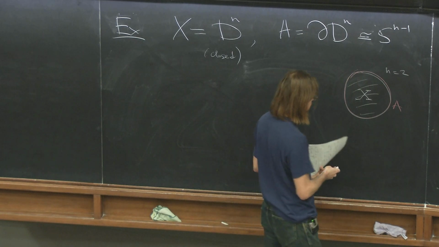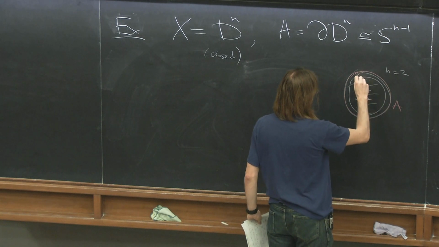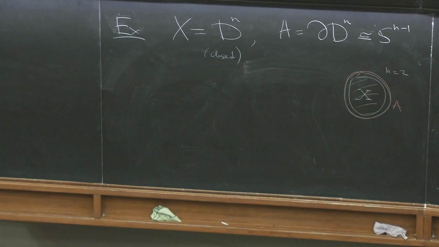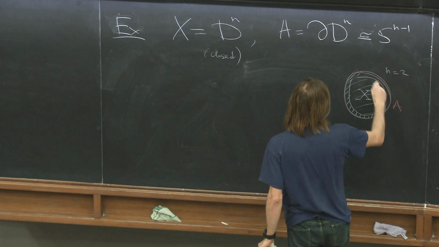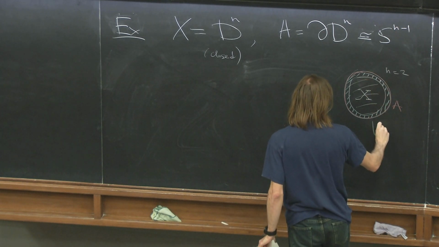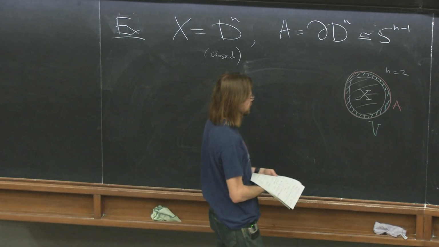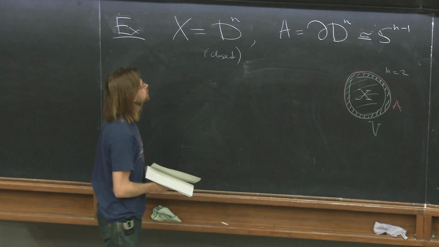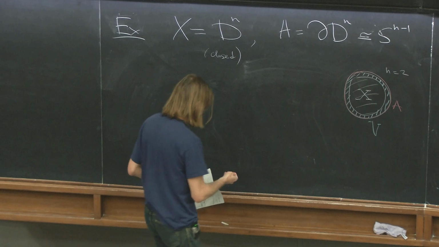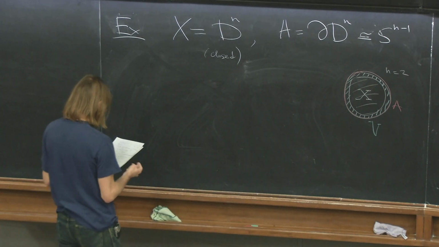And it, of course, satisfies this condition. This is a good pair because there exists a neighborhood V which contains your A. Just take V to be the complement of a bit smaller disk or ball. Okay, so this pair is good.